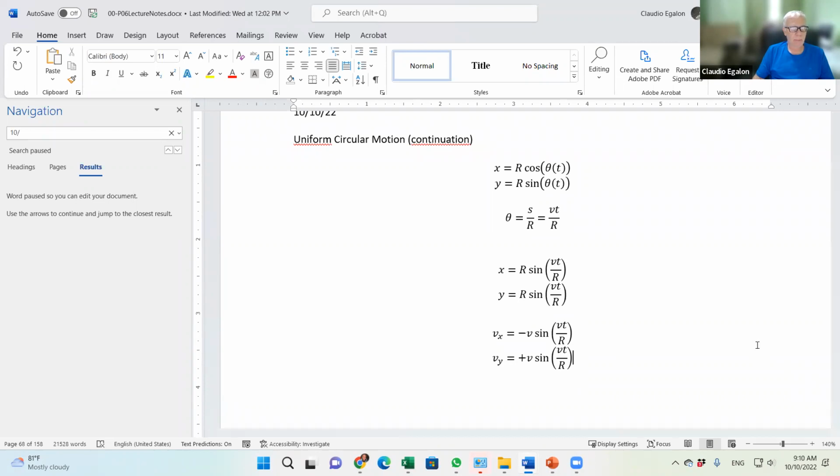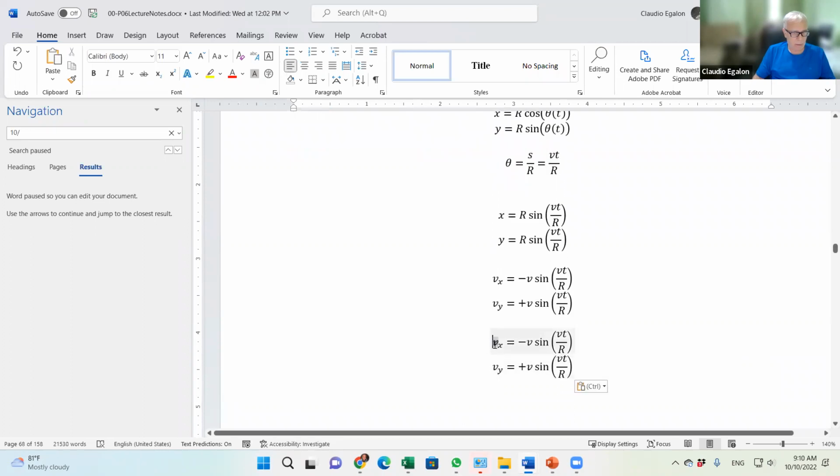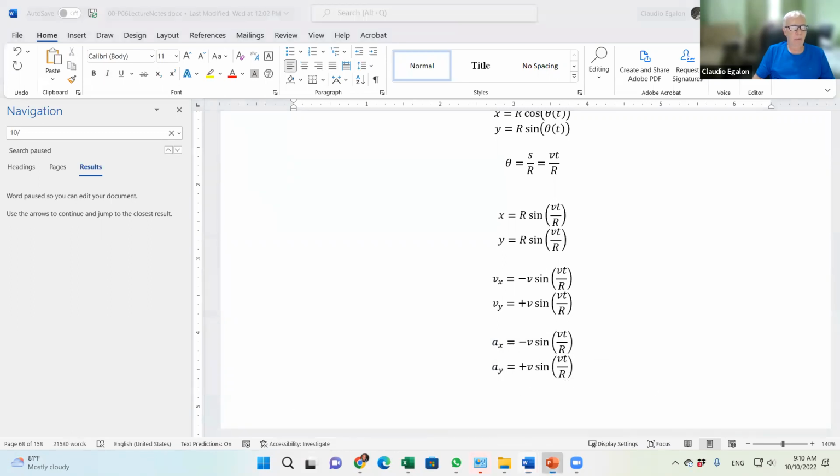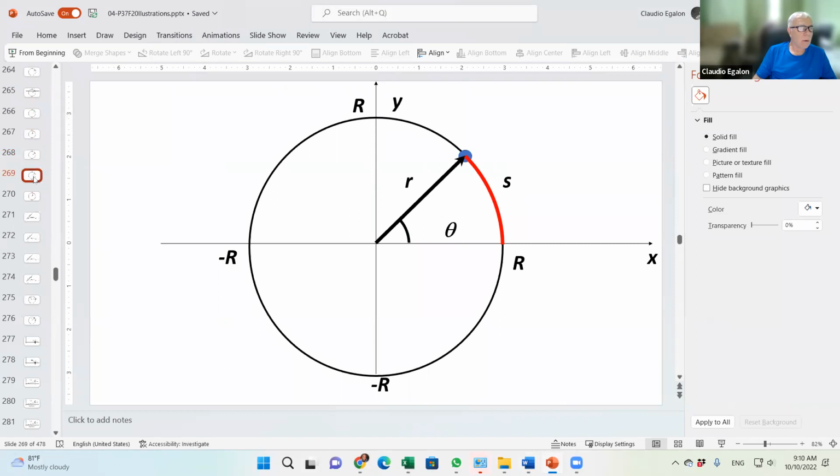Okay. Then there is the last one, the acceleration. How is the acceleration going to look? Here's the acceleration in the x direction, the acceleration in the y direction. Okay, let me copy this one.